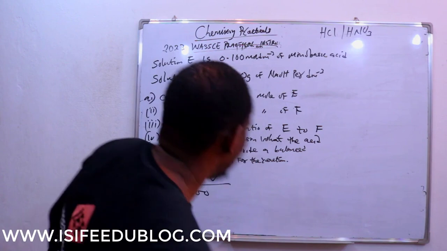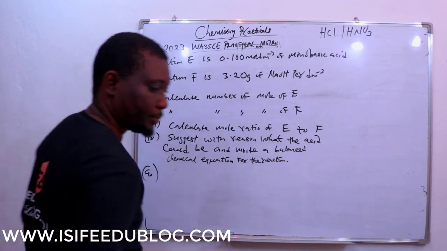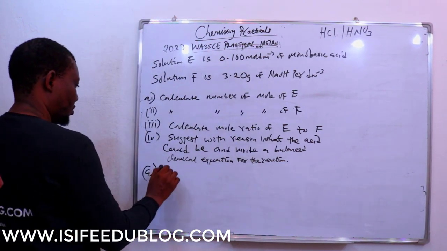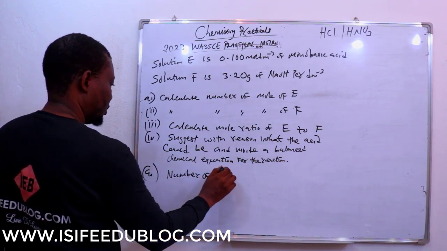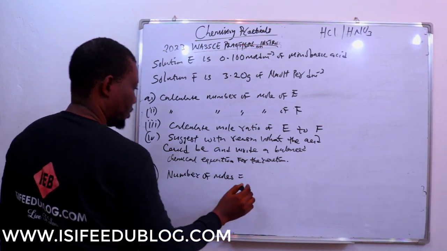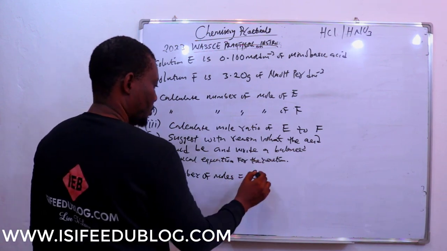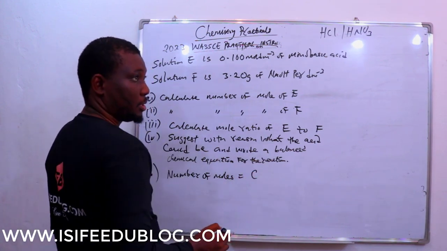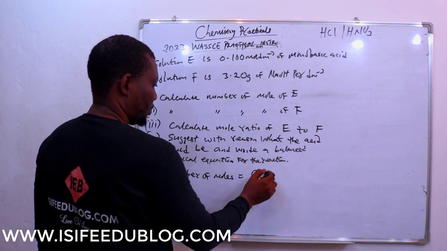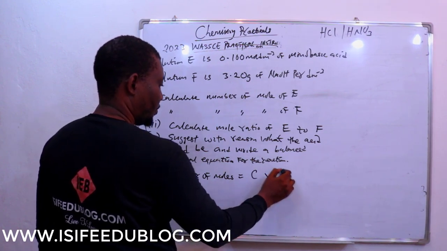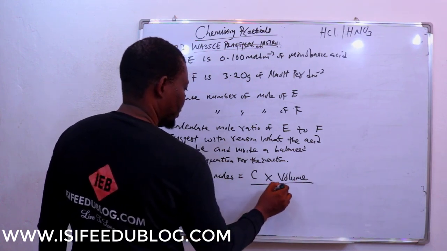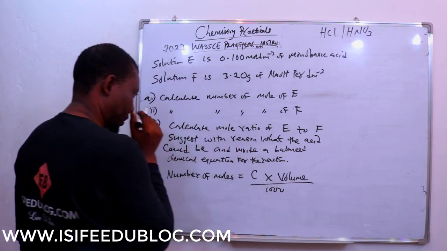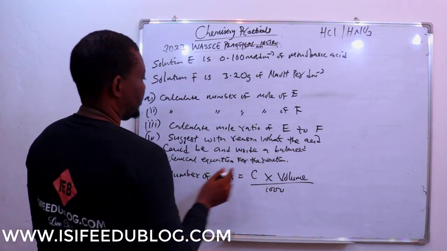Okay, let's put it this way. Number of moles is equal to molar concentration C times volume over 1000. That's what we'll do there. So what is concentration now?